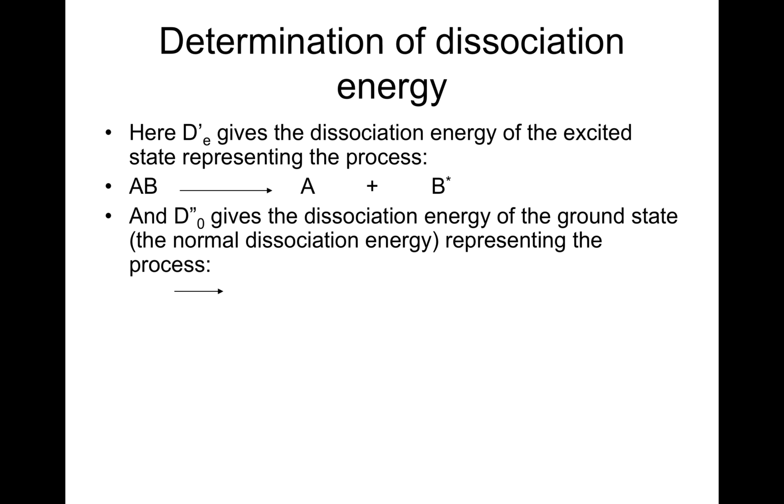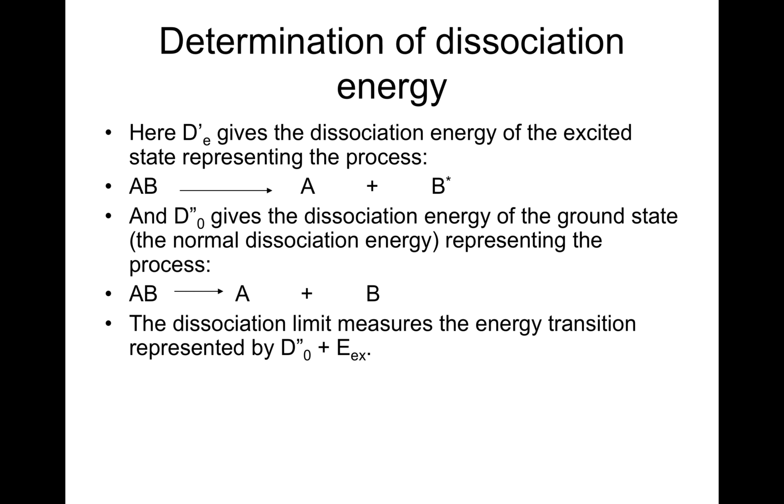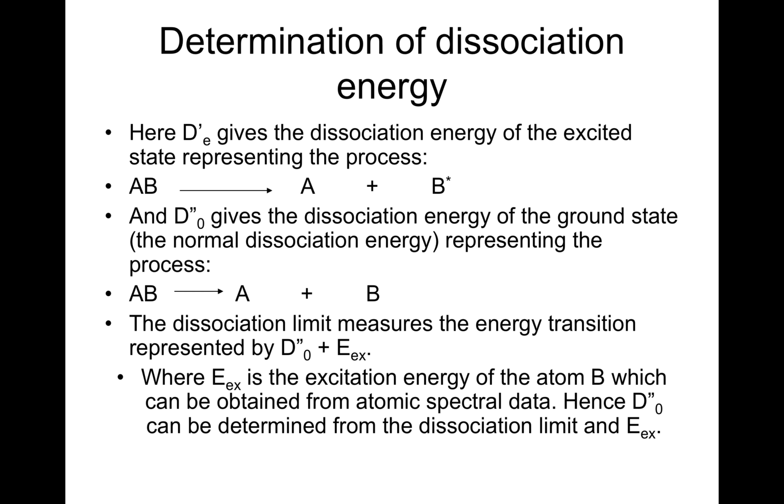And D double prime 0 gives the dissociation energy of the ground state, the normal dissociation energy, representing this process AB to A plus B. The dissociation limit measures the energy transition represented by D double prime 0 plus EX, where EX is the excitation energy of the atom B, which can be obtained from atomic spectral data. Hence, D double prime 0 can be determined from the dissociation limit and EX.